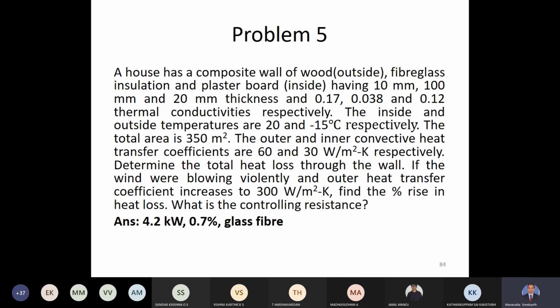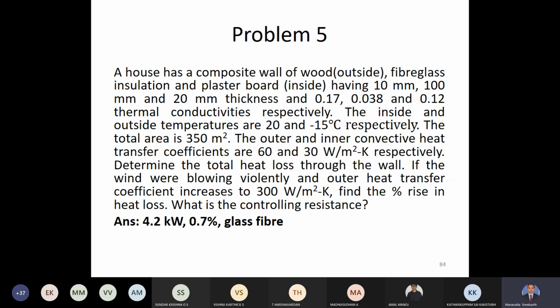Basically, this wall is a part of a room. A house has a room in which the wall is made out of these composite materials. So we are asked to find the total heat loss through the wall, and if the heat transfer coefficient outside is changed, what will be the increase in heat transfer?